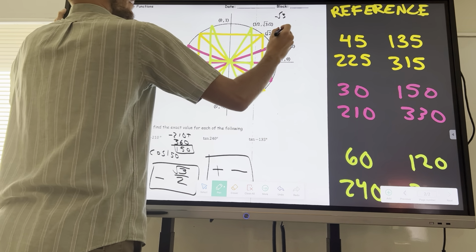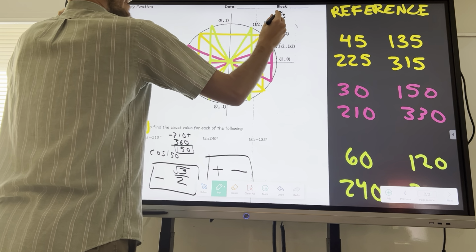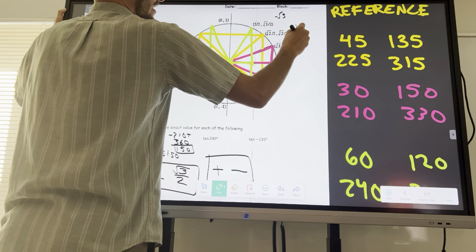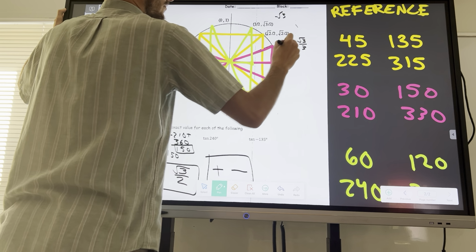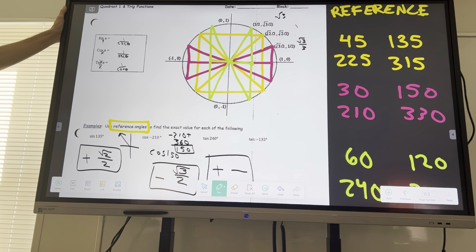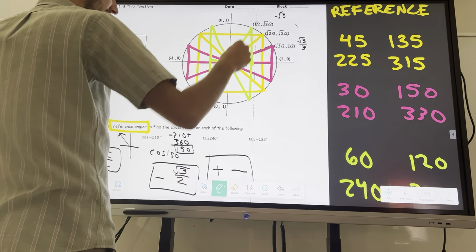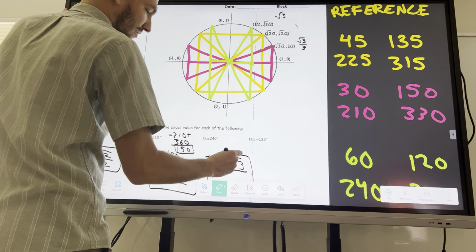Square root 2 divided by square root 2 is 1. And this would be 1 divided by square root 3, which we'd have to rewrite as square root 3 over 3. That way, I don't have to keep calculating tangent, I just write it once, and then for every tangent question, I can just grab what I need. So for 240, which is the same thing as 60, tangent is square root 3.